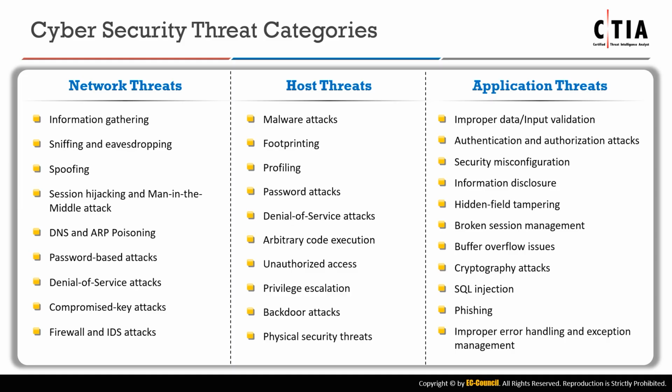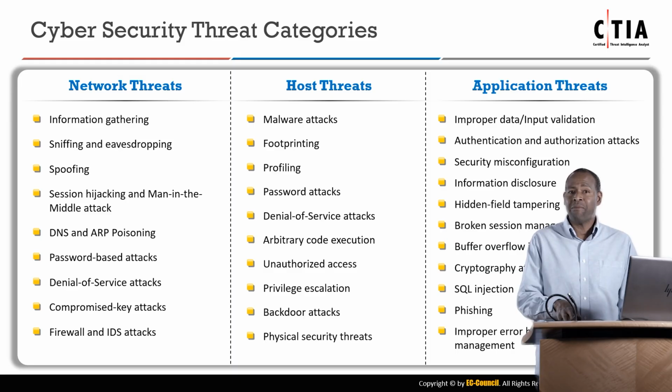Privilege escalation is also a form of attack, meaning that we may gain access to the host, but at a low level, a guest account, a user account, and what we really need is a root account. Backdoor attacks, allowing an attacker to take control of a host anytime they want through a backdoor methodology. The user will never know.